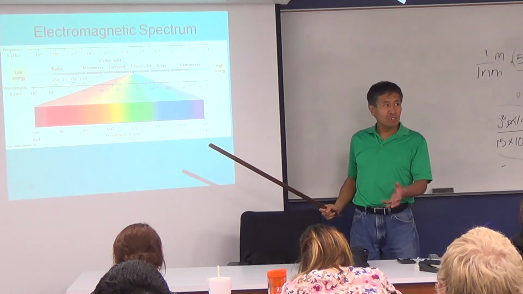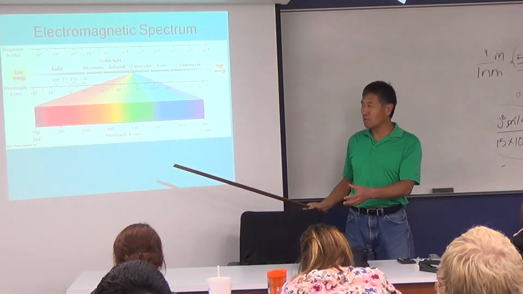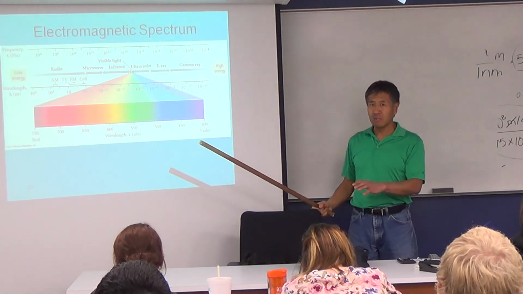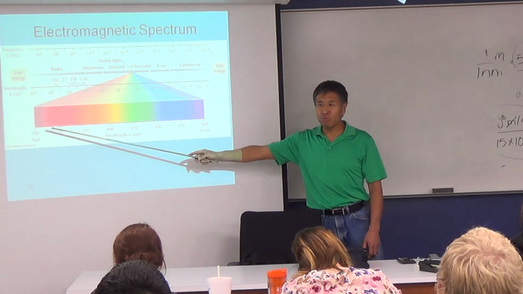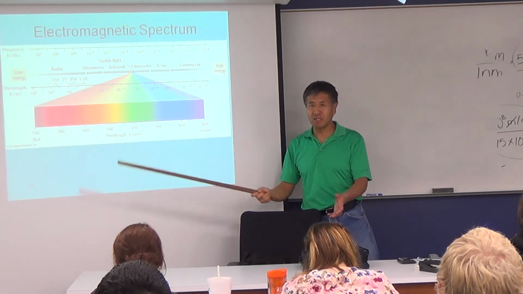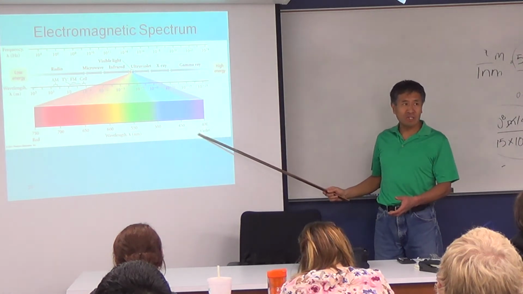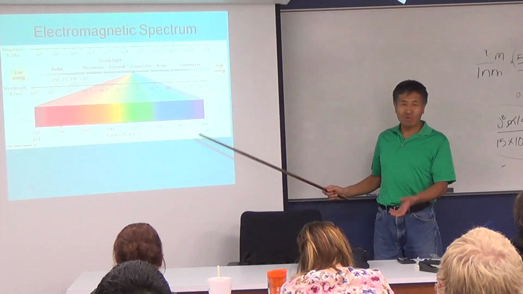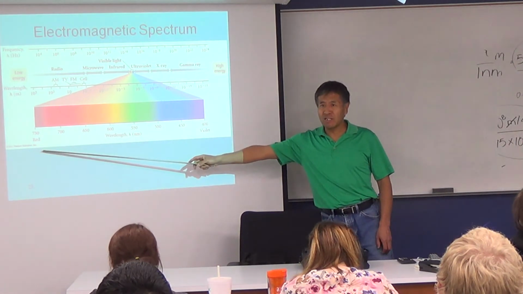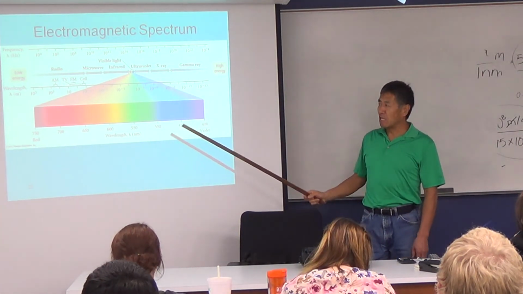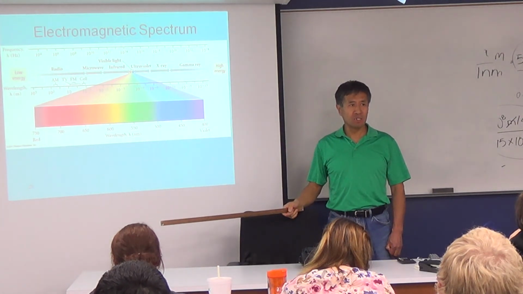Wavelength and frequency are inversely proportional, and no matter whether they are red or violet, the frequency for the red times the wavelength for the red equals the frequency for the violet times the wavelength for the violet. So if red has a longer wavelength compared with violet, who will have a higher frequency?